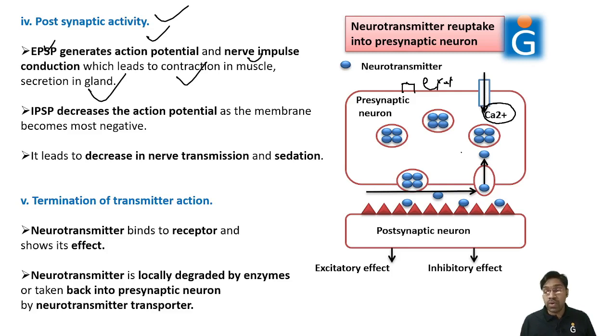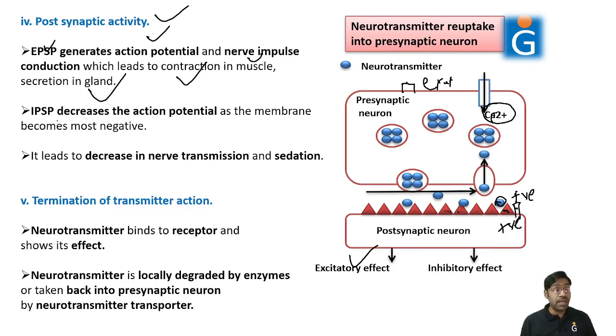When the calcium is going to come inside the cell, what is going to happen? When there is a binding of this excitatory neurotransmitter to this postsynaptic receptor, it is going to cause influx of the positively charged ions inside the cell of the postsynaptic neuron. Then it is going to cause excitatory effect, means it is going to stimulate the transmission of nerve impulses.